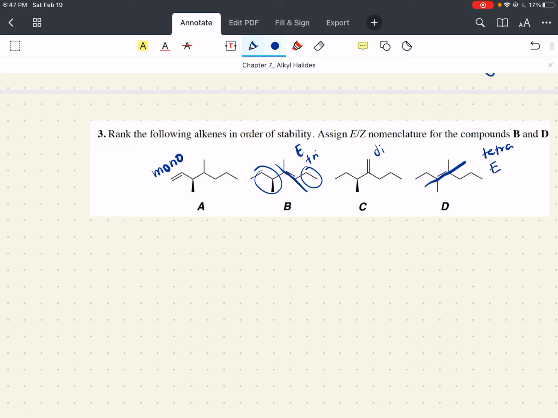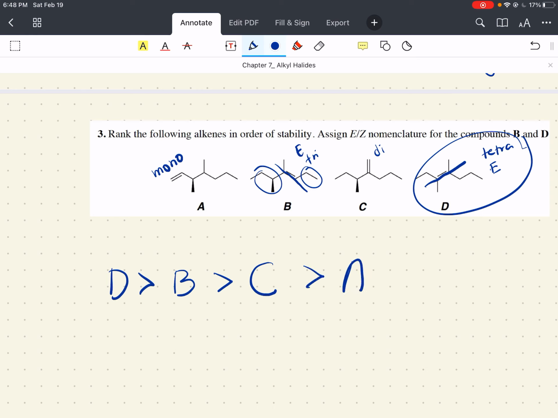Fantastic. Now, if we want to order these as most stable to least stable, obviously our tetra substituted double bond that's in a trans conformation is going to be our most stable alkene here, followed by the tri substituted trans conformation. Then followed by di, and last but not least mono.